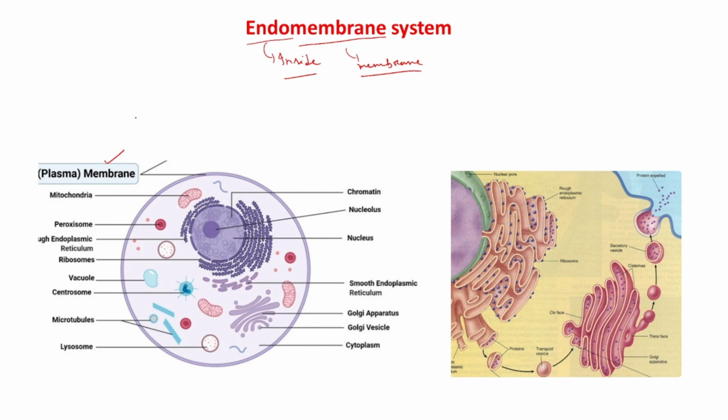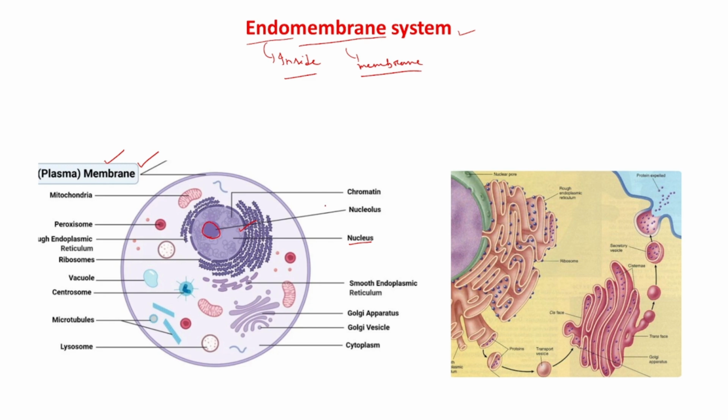But before going to the endomembrane system, we should know something about the cell. So this is the cell and the outer layer is called the plasma membrane. Inside the cell is the cytosol, the liquid or watery part, and many organelles are present. For example, this is the nucleus, and inside the nucleus a round structure is present, called the nucleolus.